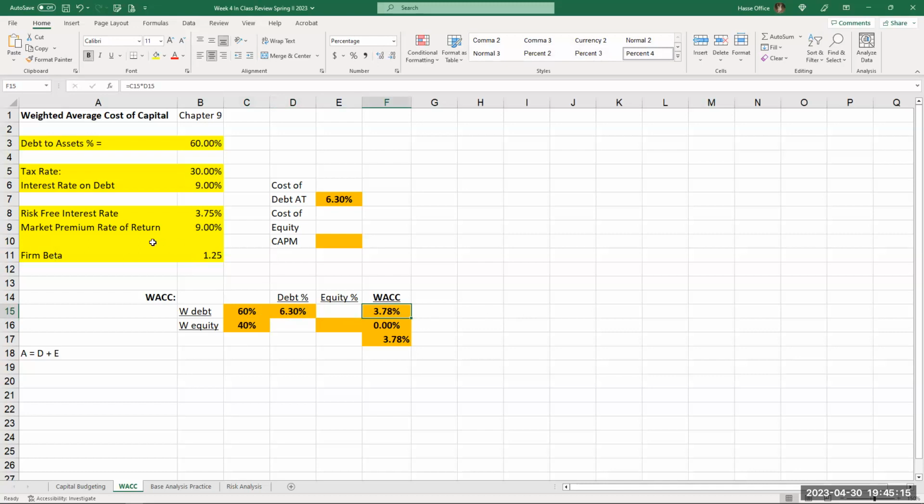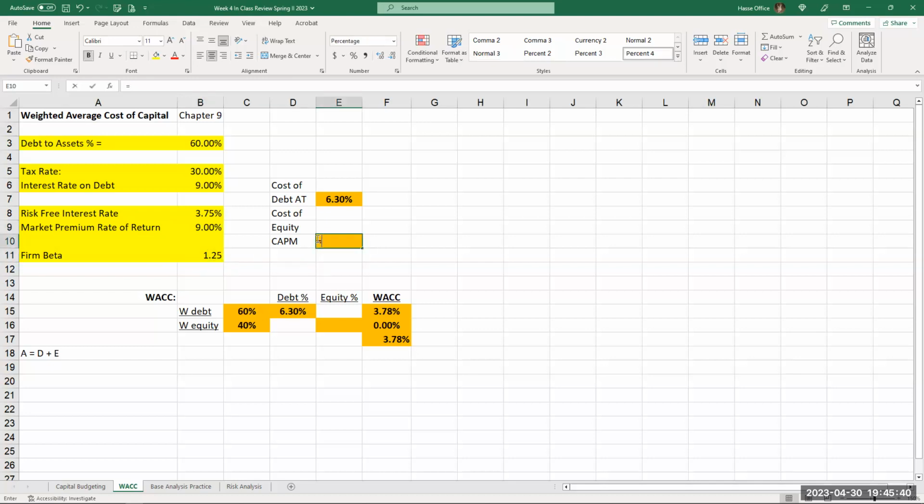The cost of equity is the capital asset pricing model. Remember the capital asset pricing model, we also looked at this in case number 1. It takes the risk-free interest rate of 3.75, the market premium of 9%, and then takes that market premium times the firm's beta of 1.25.